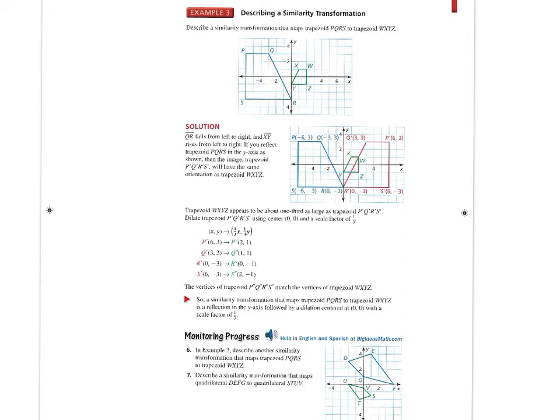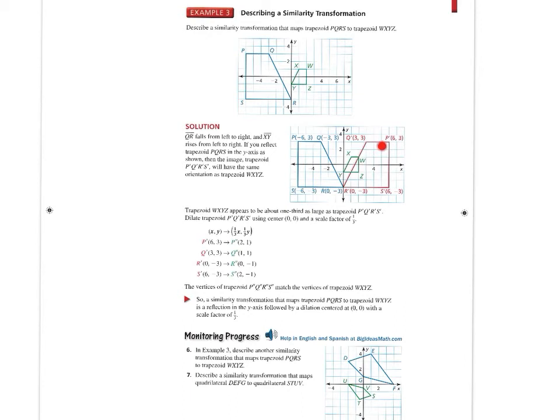And then to figure out what the scale factor is, we would want to compare our sides. So you could compare any side to its corresponding side. So let's compare Q prime, P prime to XW. So we count the number of units, so it's unit 1, 2, 3, so a length of 3 compared to a length of 1.